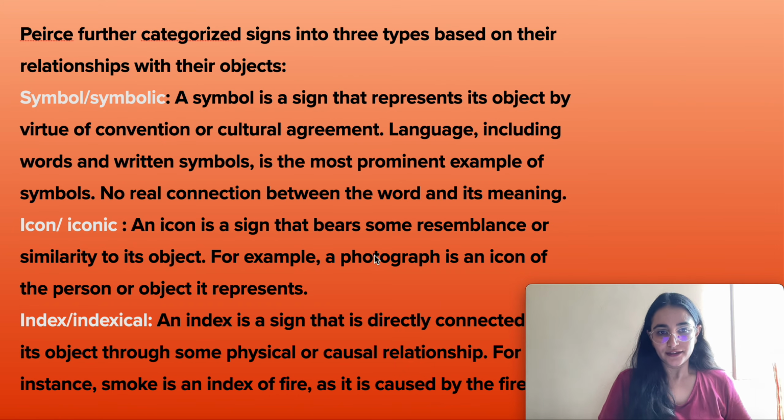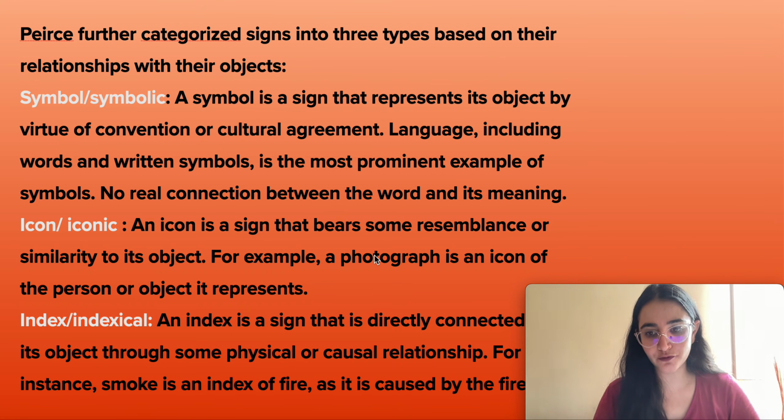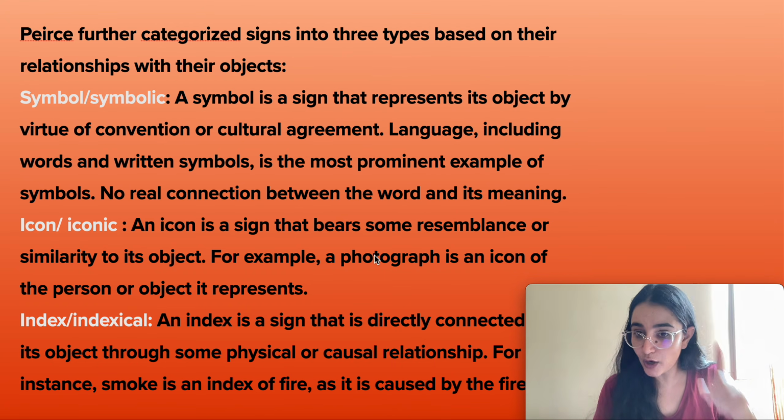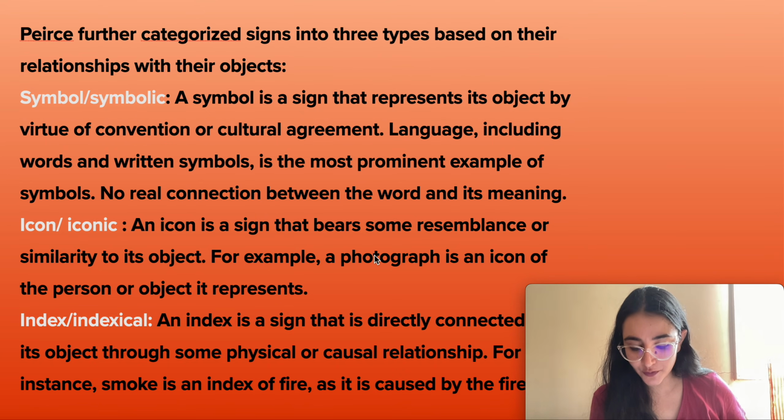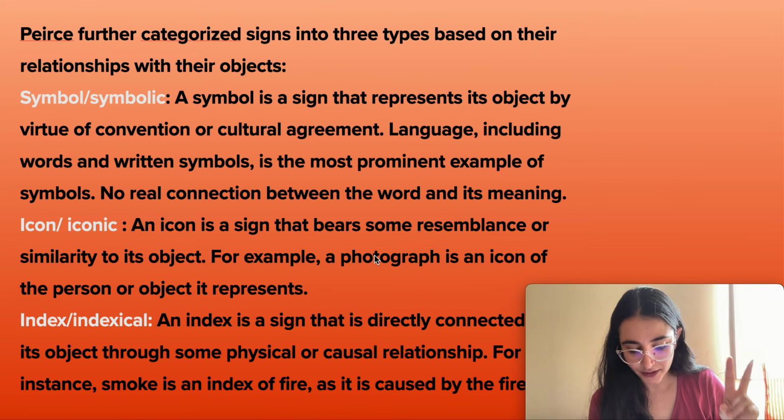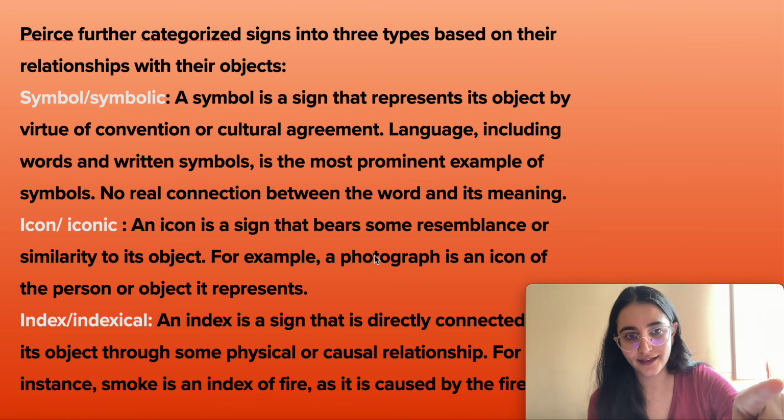Alright, so that is semiotics. I hope you've understood. I'm just going to read out one important definition. Semiotics suggests that for users of language, signs stand in for or represent something. Signs are made of signifiers and signified, and the relation between the two can be number 1 arbitrary, number 2 imitative, or number 3 directly connected, right?